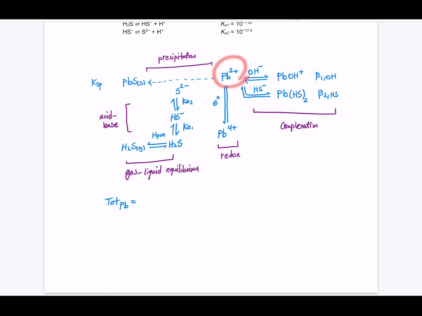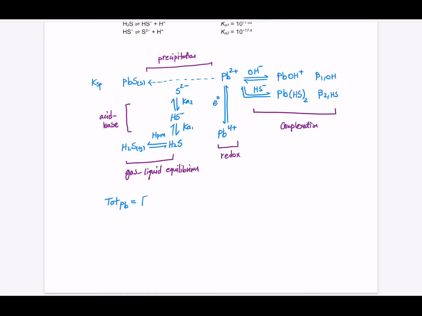Pb2 plus, this one, okay, these two, okay, so 4. We don't include this because this is obviously not in the system, it's leaving the system. And none of these others contain lead. They change the distribution of the lead-containing species, but none contain lead. So that's how they're impacting the distribution, not the total amount.